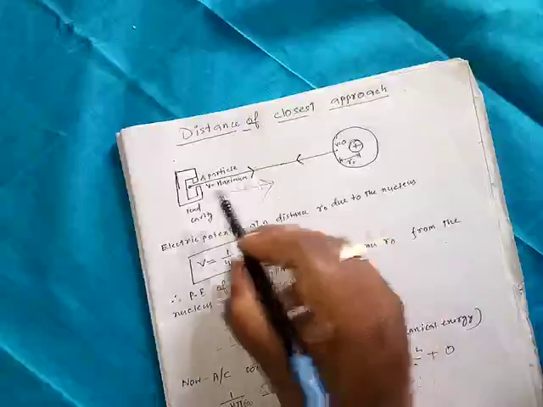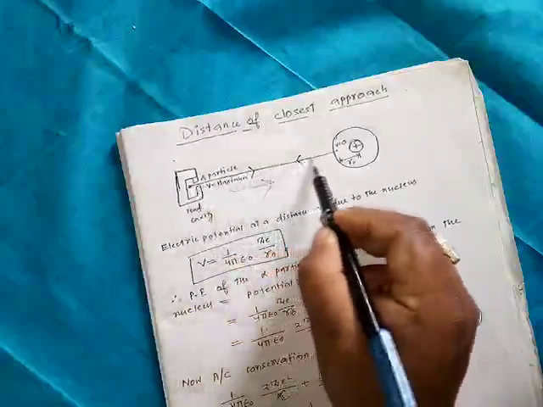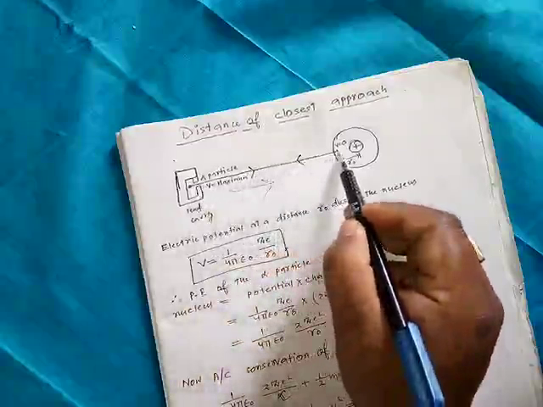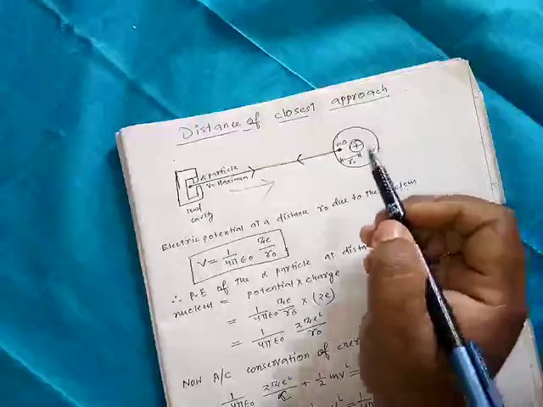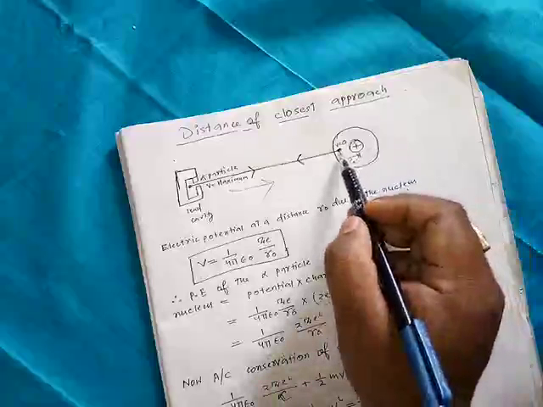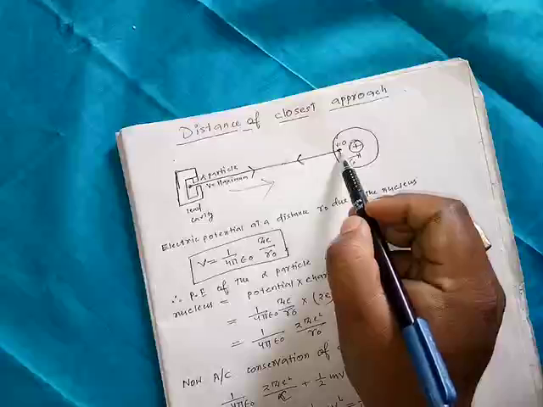So the alpha particle is moving in this direction, velocity goes on decreasing, and after reaching a particular point, the velocity of the alpha particle will become 0, right?